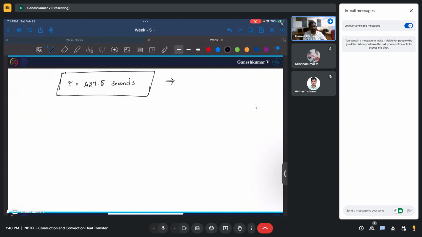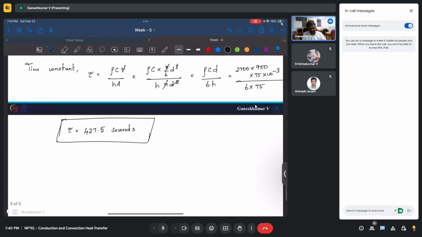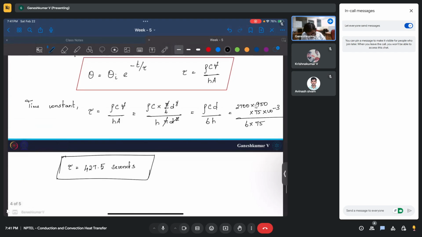That's what this time constant actually means. If you are very interested, please go through the books also, so that you will get a clear idea. Now we are doing this to simplify our analysis.